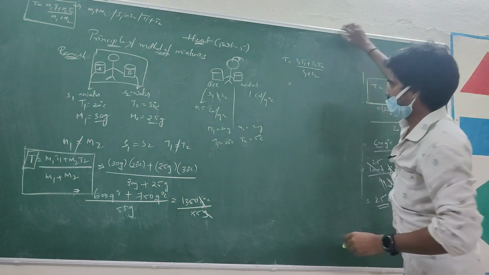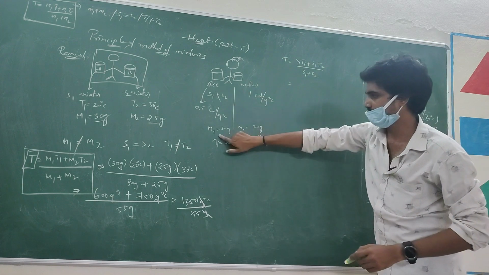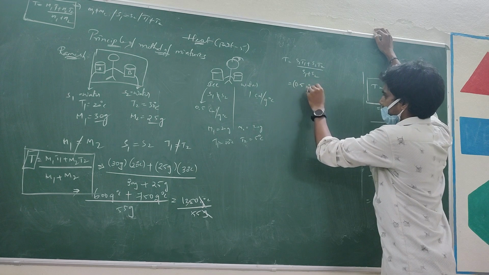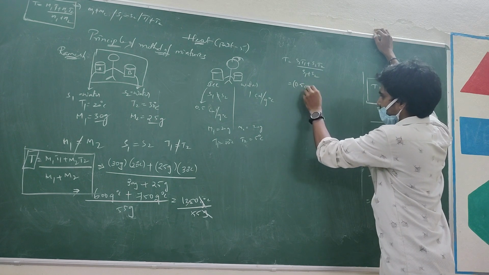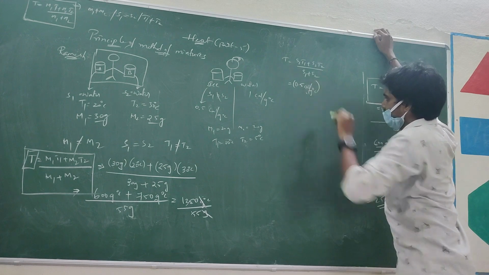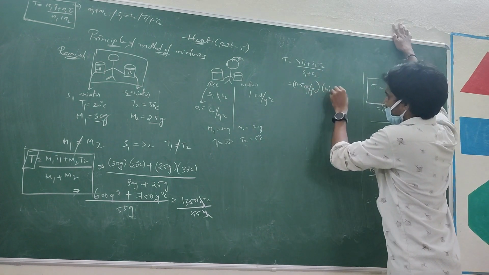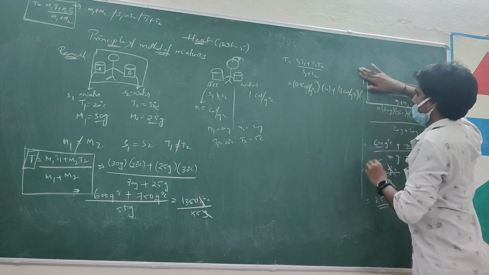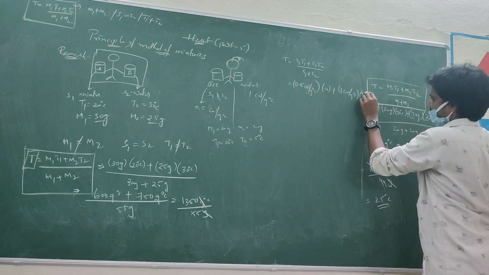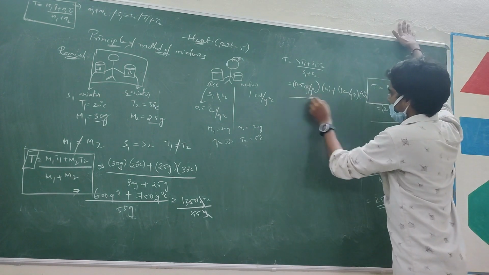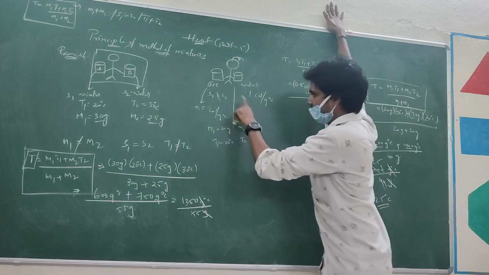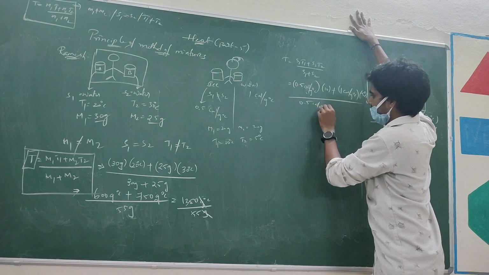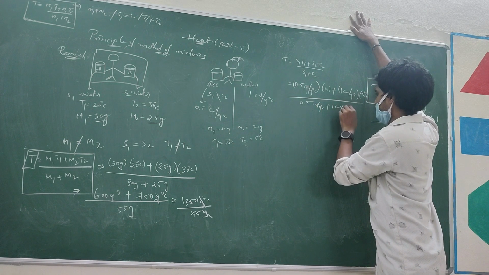S1 has a specific heat value of 0.5 calorie per gram degree centigrade into T1 10, plus S2, 1 calorie per gram degree centigrade into T2, that is 5 degrees centigrade, divided by S1 plus S2, that is 0.5 calorie per gram degree centigrade plus 1 calorie per gram degree centigrade.